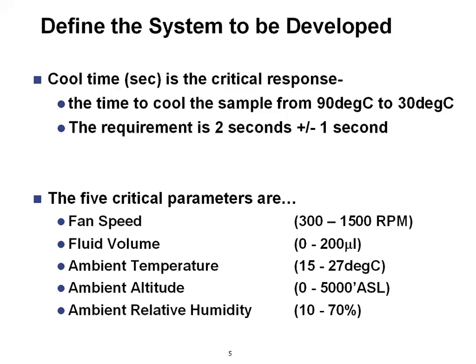Obviously, if you're cooling using forced air, the initial temperature of that forced air has an effect on how quickly you can cool, and ambient altitude really has an effect on how much heat the air can carry away, can transfer. And the ranges within which those X's were investigated are shown on the right.